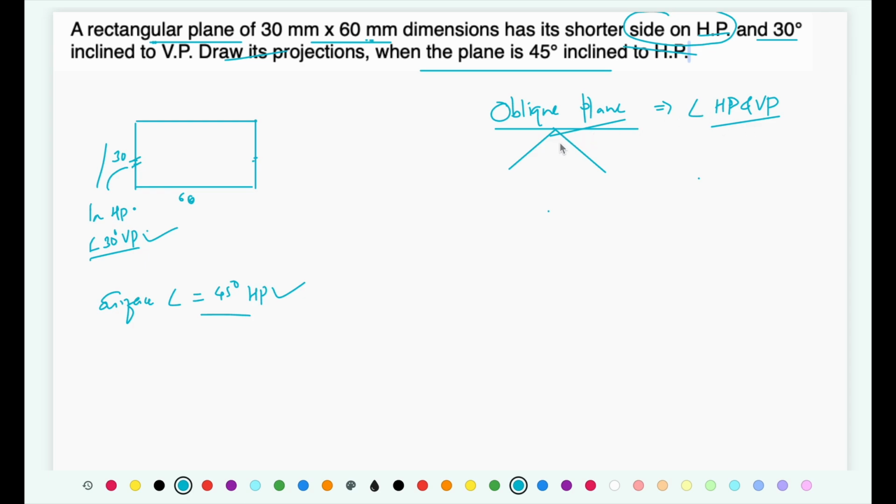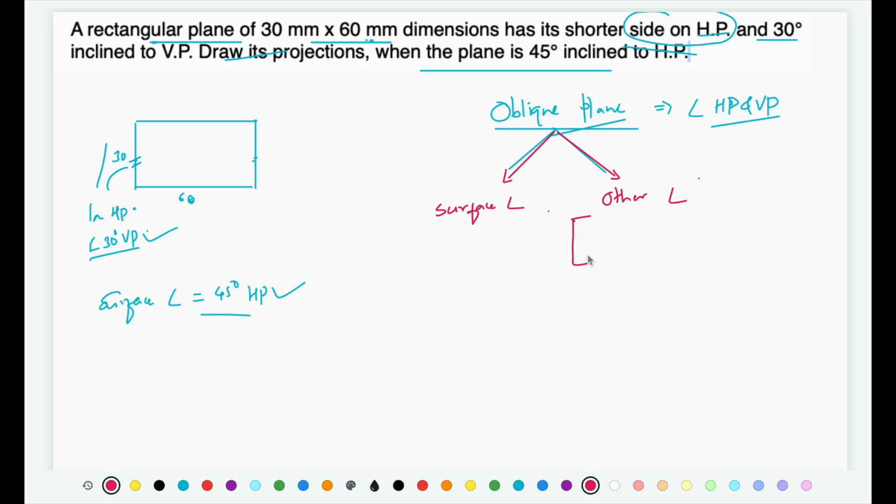So usually when they define the position of an oblique plane, it is defined in two forms. The first inclination is called surface inclination, and the second inclination we can call other inclination.